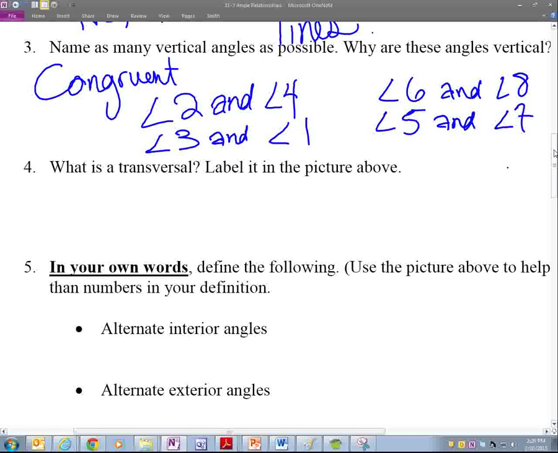So, a transversal, and what is it? So now we're thinking about the transversal. So you think of that prefix, you know what that might mean. What is the definition of transversal? Okay, yes, it's going opposite from one point to another.